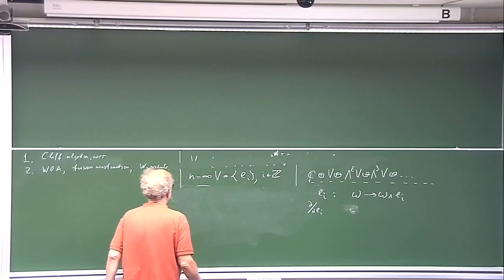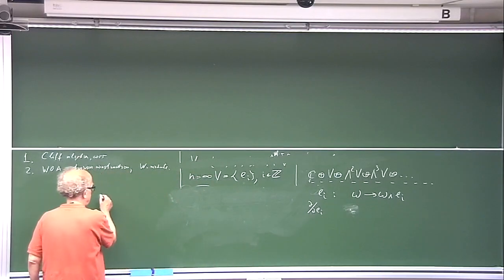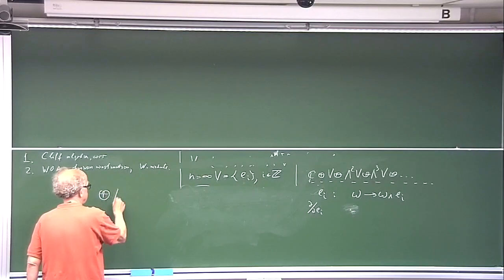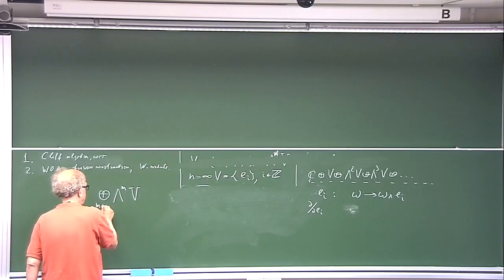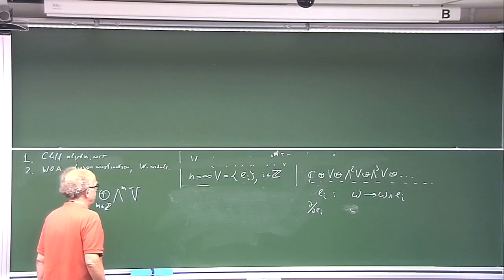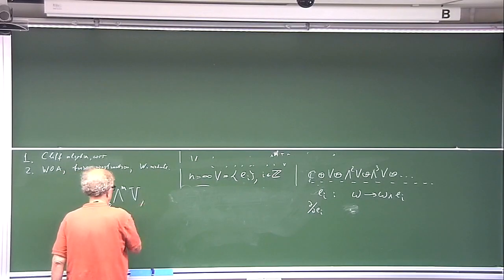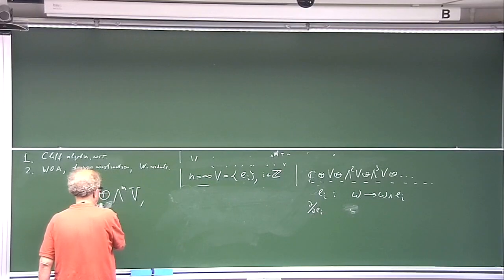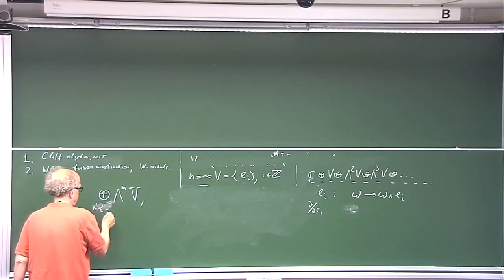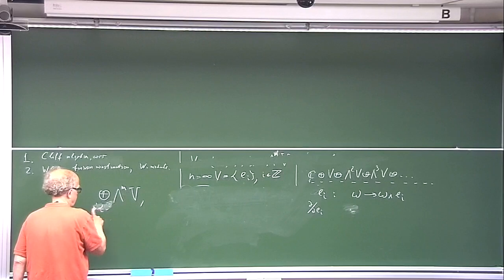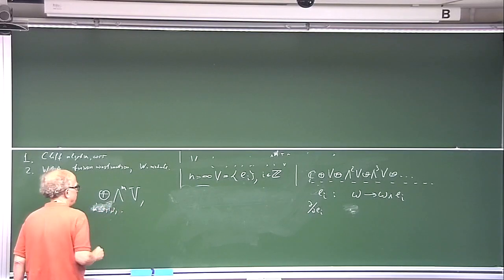Therefore, what we have now is the direct sum of these spaces, with m belonging to the non-negative integers, so m can be 0, 1, 2, 3, and so on.